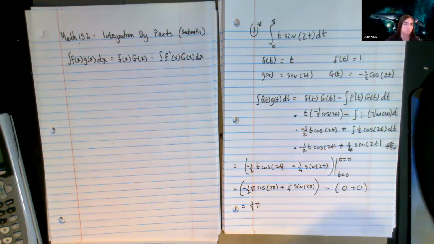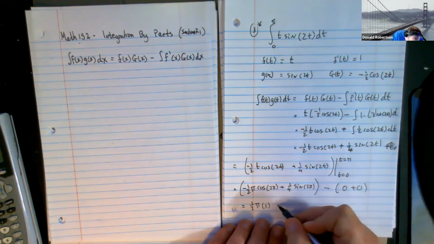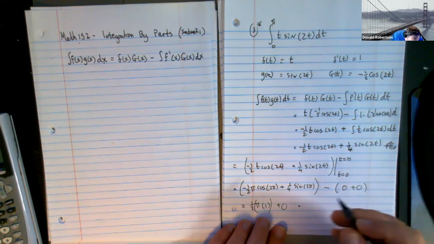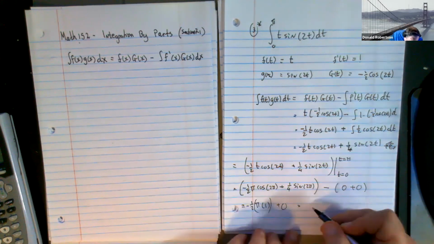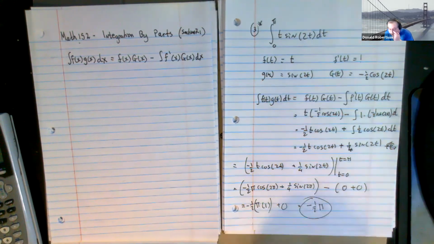One. Yeah. And the sine of 2 pi is nothing. So negative a half pi times 1. And your answer is negative a half pi. It's okay to be negative. You know, integrals can be negative, right? Area under curve can be negative.